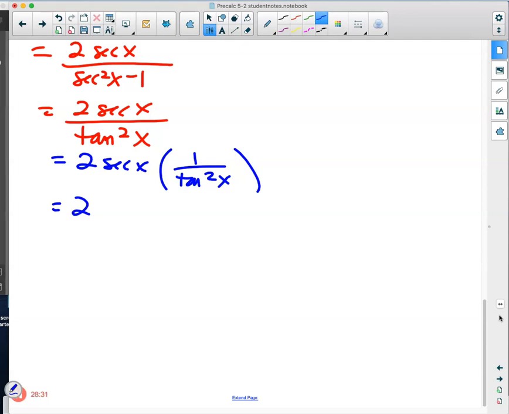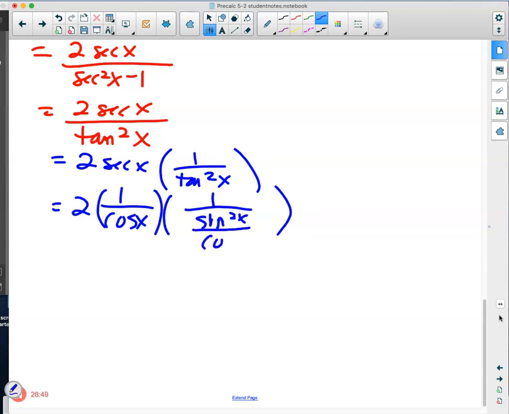Secant, which one of the trig functions do we flip? So 1 over tangent squared x, we could make that 1 over sine squared x over cosine squared x. And put this into terms of sine and cosine.